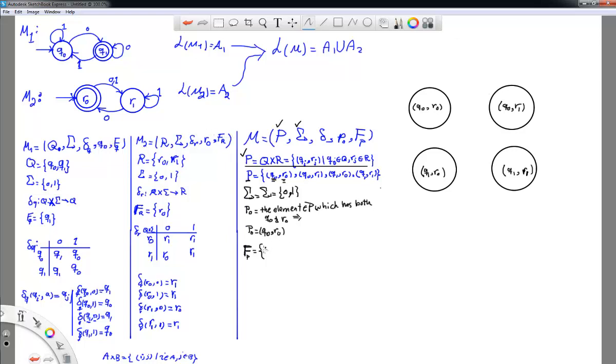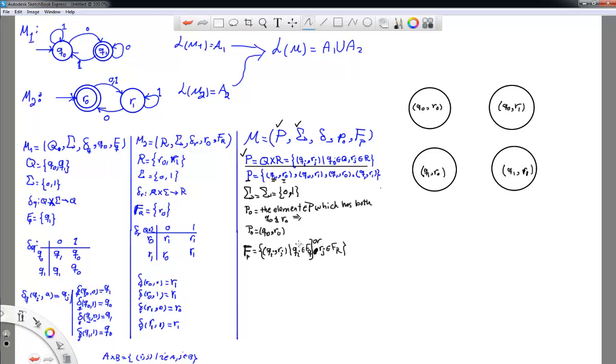So it should have a state that's still a pair, and in this case I call it (Q sub i, R sub j), such that Q sub i is from F sub Q or R sub j is from F sub R. Actually, this is an OR.